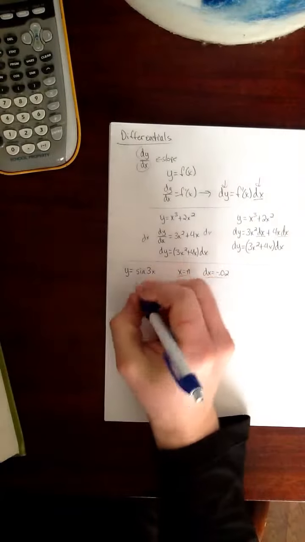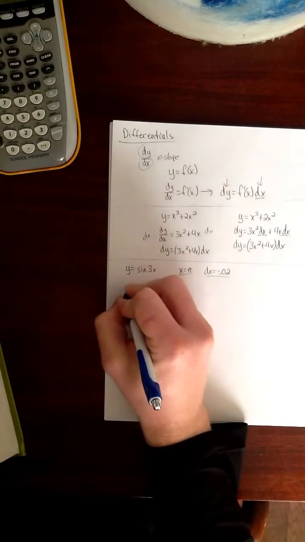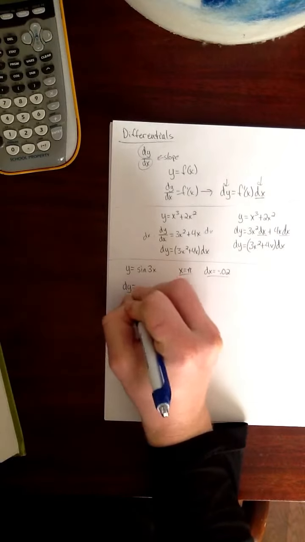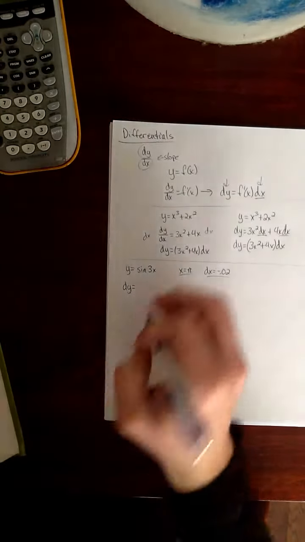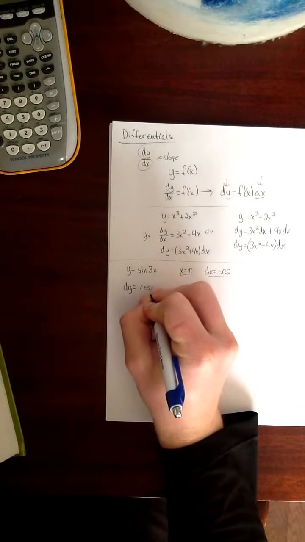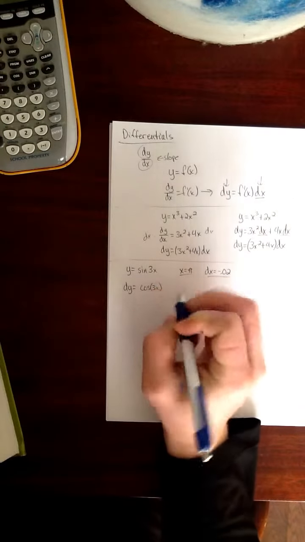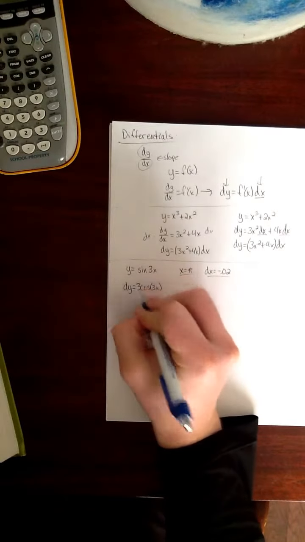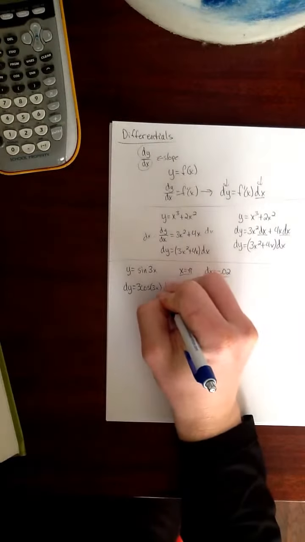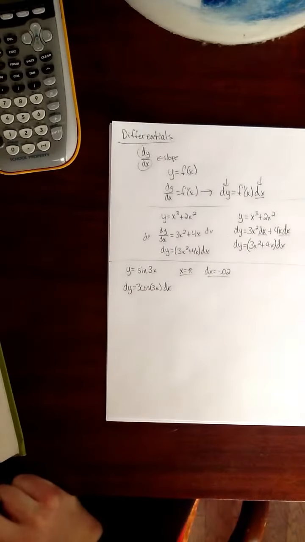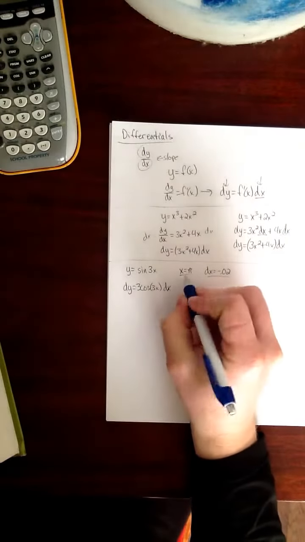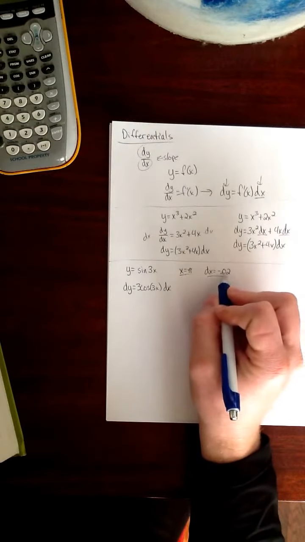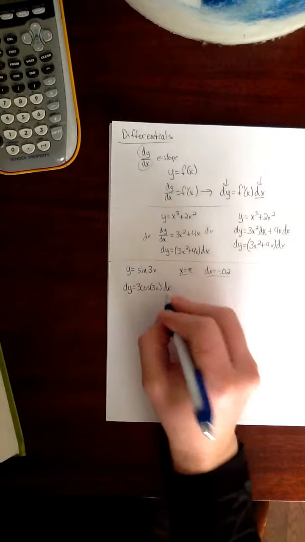Well, so doing the derivative of this, I'll just go across, and I'm going to do it the other way. So dy will equal, derivative of sine of 3x will be cos of 3x, and then chain rule, right? Derivative of 3x is 3, so it's 3 cos of 3x dx. And now this is just saying when x is pi, and then we want x to change by negative 0.02, so we just plug these in.